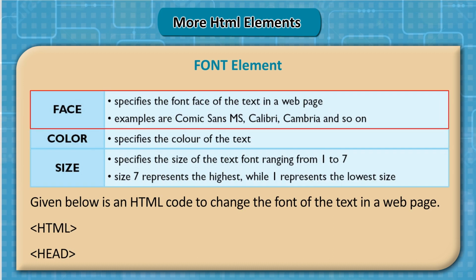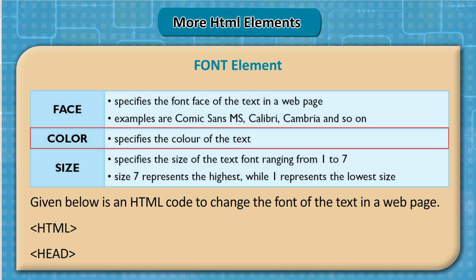Specifies the font face of the text in a web page. Examples are Comic Sans MS, Calibri, Cambria and so on. Color. Specifies the color of the text. Size. Specifies the size of the text font ranging from 1 to 7. Size 7 represents the highest, while 1 represents the lowest size.